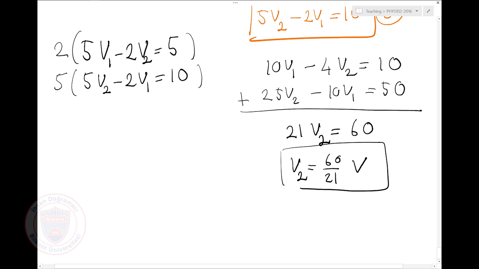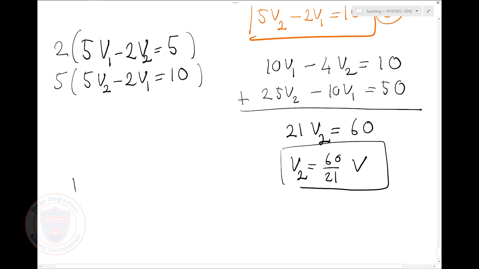How about V1? From the first equation, V1 is 5 plus 2V2 divided by 5. So it's going to be 5 plus 120 over 21 divided by 5.